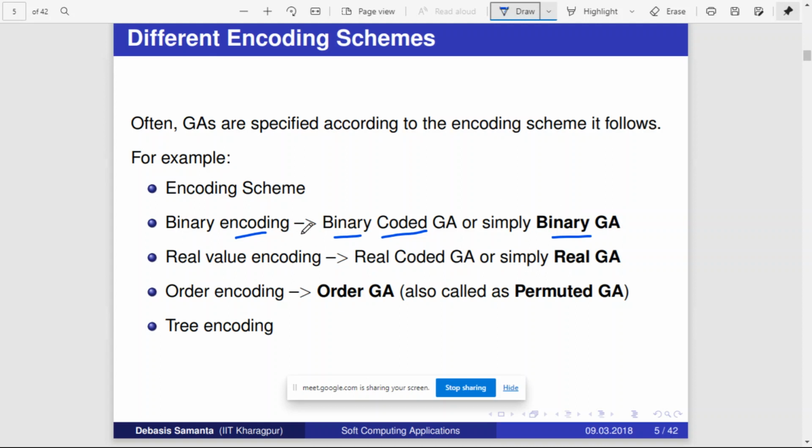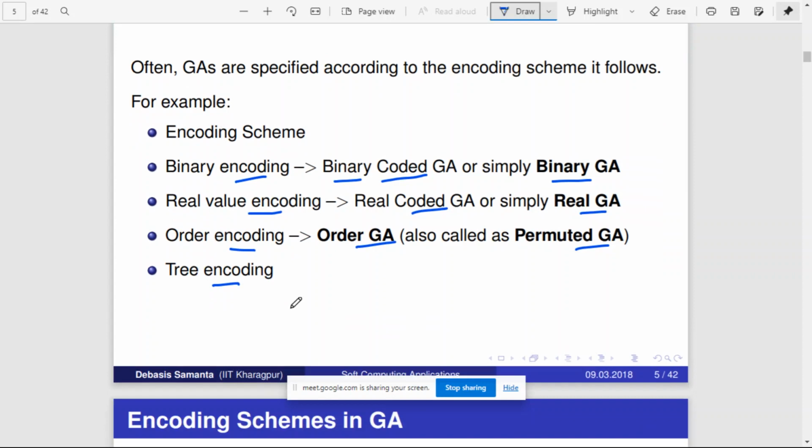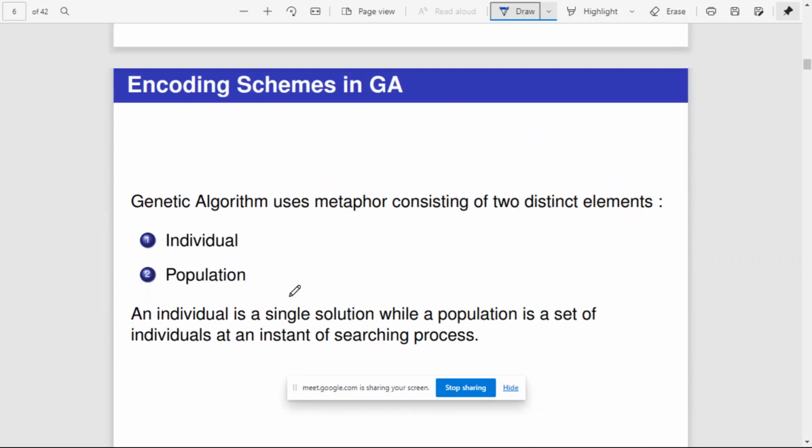If the initial population is created using real value encoding, then that genetic algorithm can also be called real coded GA or simply real GA. If the initial population is generated using ordered encoding, then that genetic algorithm can be called ordered GA or permutated GA. Tree encoding does not have any other names, just one name. Fine.